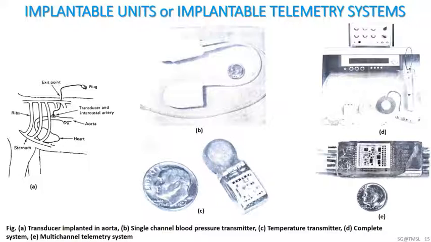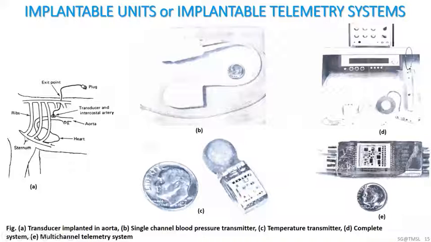There is a technique where the blood pressure in the aorta is measured by inserting the transducer from the opposite side, and using a small intercostal artery to bring the wire through. Now this creates a stronger binding in active animals.